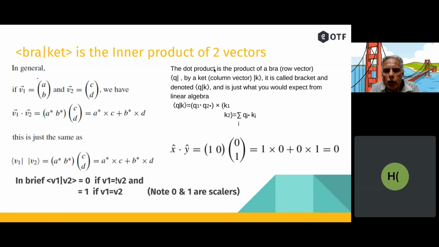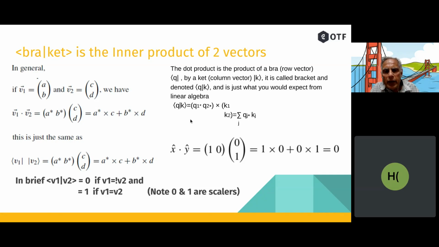Now, the dot product is a product of a bra covector Q, in this case bra Q, by a ket column vector which is ket K. So it is called a bracket and denoted by bra Q, ket K. So for what you would expect from linear algebra, it is the Q K bracket.